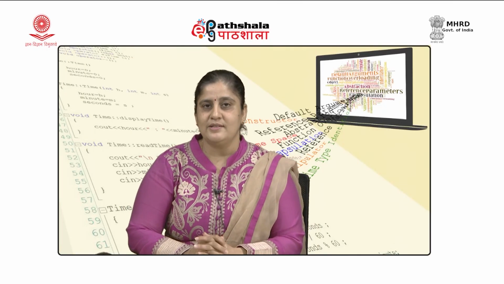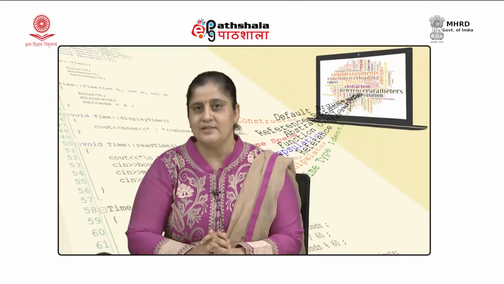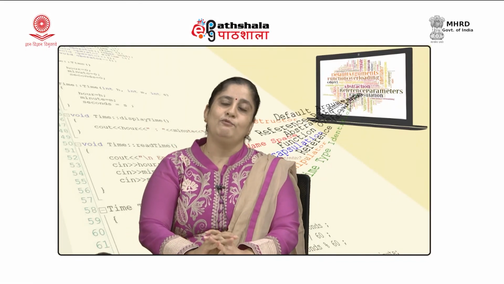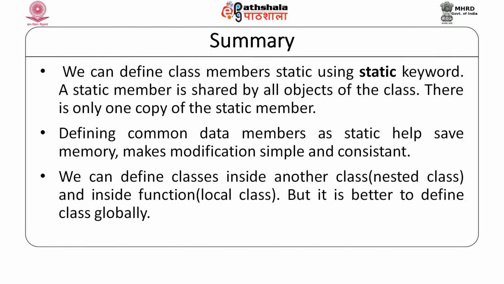Today, we discussed static data members, nested classes and local classes. We discussed that we can define a class member static using the static keyword, and a static member is shared by all objects of the class, and only one copy of the static member is created.